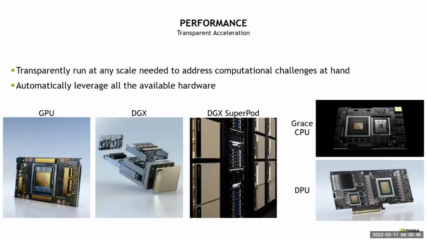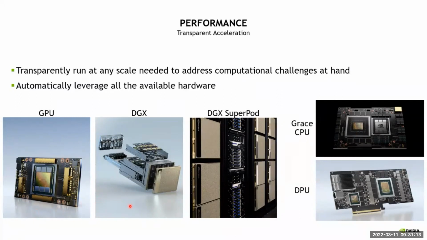Being able to productively program code like you saw on the last slide is important, but getting high performance out of it is important too. And we're delivering software that will provide both of those capabilities, and being able to transparently run code like that at any scale that you have, using whatever hardware that you have available. So maybe you only have one GPU. Well, that code should be able to run on that GPU.